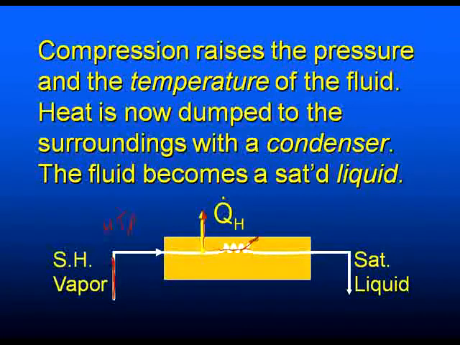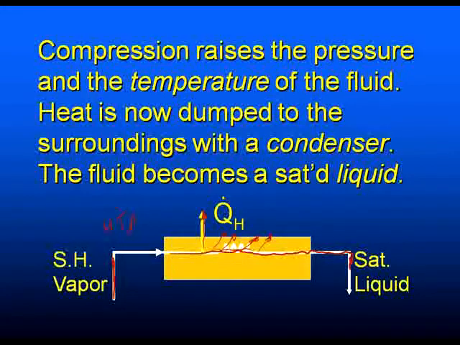So the heat will flow out to the surroundings downhill in temperature as QH. Typically you use a fan and blow air over it, or some other fluid that'll accept the heat from the working fluid. Now as it loses heat, it condenses, so it goes from all vapor to a liquid, and we'll take it out in the standard cycle.